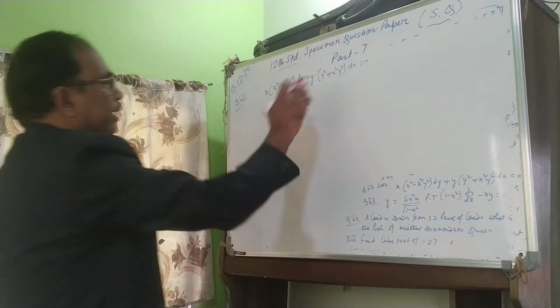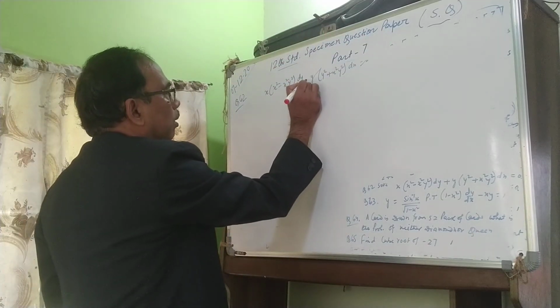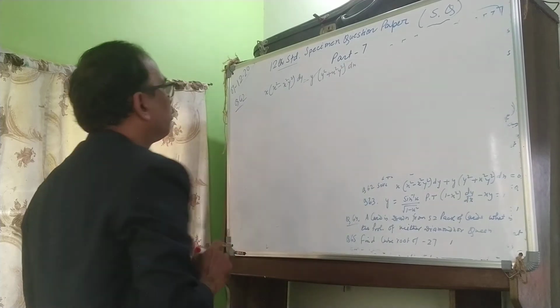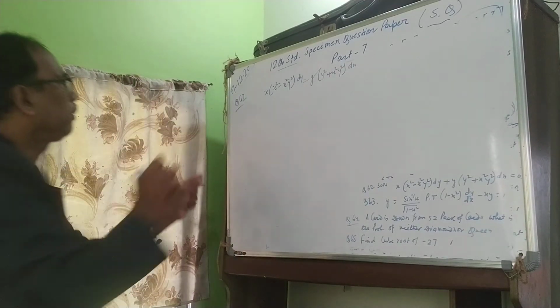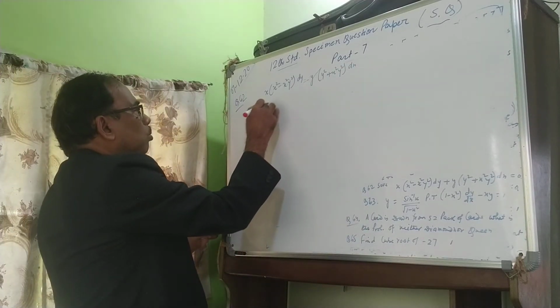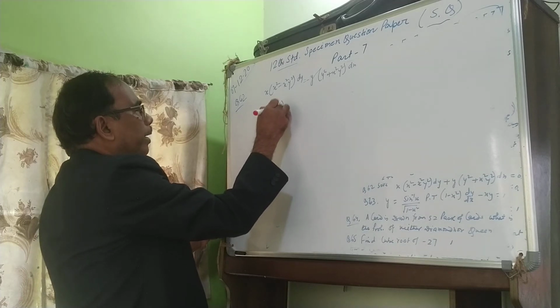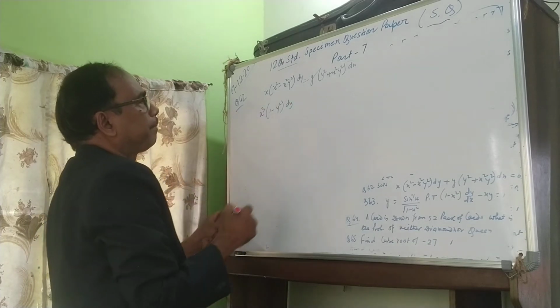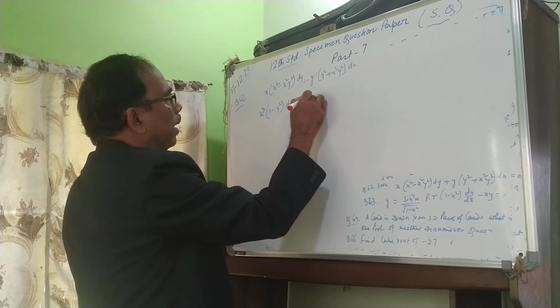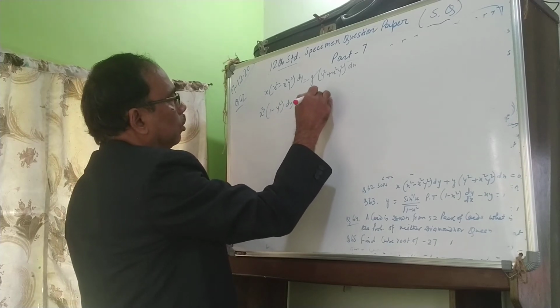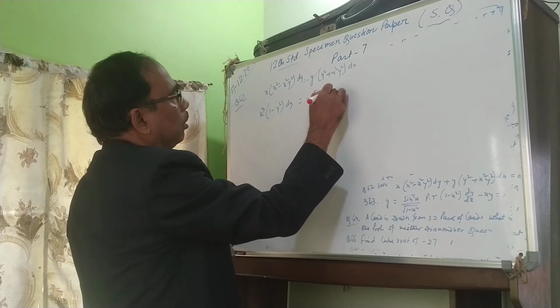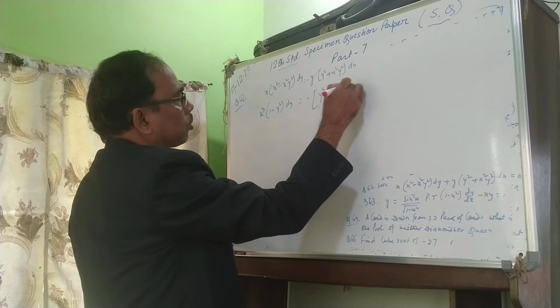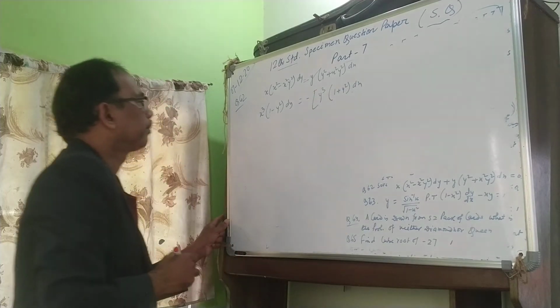Now bring this to the right hand side, so this minus this equals 0. Now take x square common, that is x cube (1 minus y square) dy equals minus y cube (1 plus y square) dx.